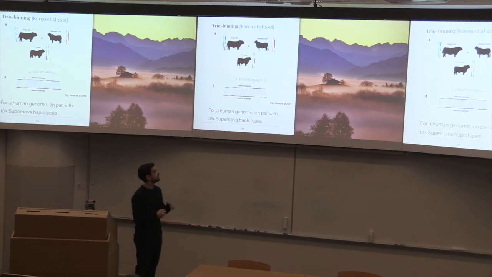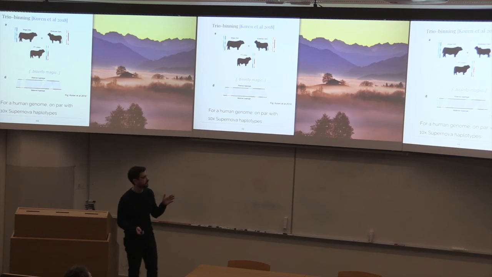And by doing some bioinformatic magic, which consists of binning reads based on the reads of the parents, so they bin the child's reads based on the parents' reads, they can reconstruct both haplotypes separately. And it was established for a type of cow because they were able to cross two different, I don't think it's species, but two different parents which are far enough genetically that it's easy to separate the haplotypes.